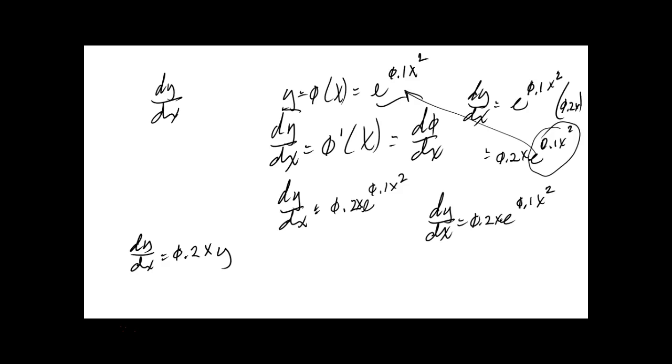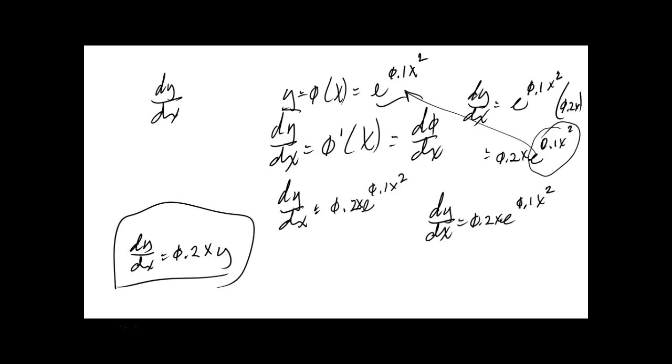So here's a definition. The equation that we use to come up with that, this equation here, is called a differential equation. Even though it's not written in differential form, it's written in derivative form, that's what we call a differential equation.